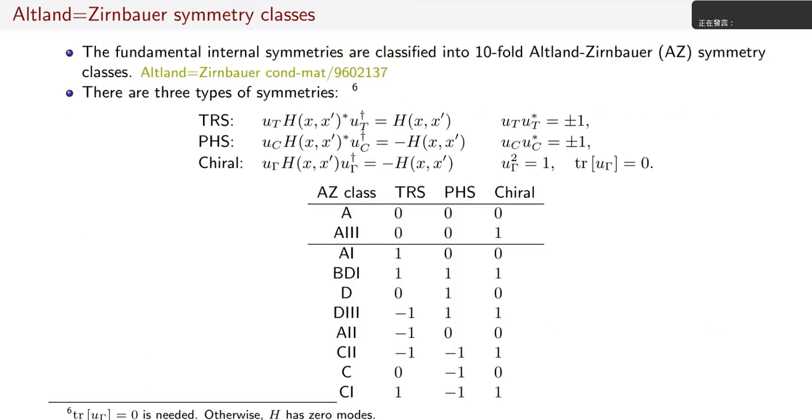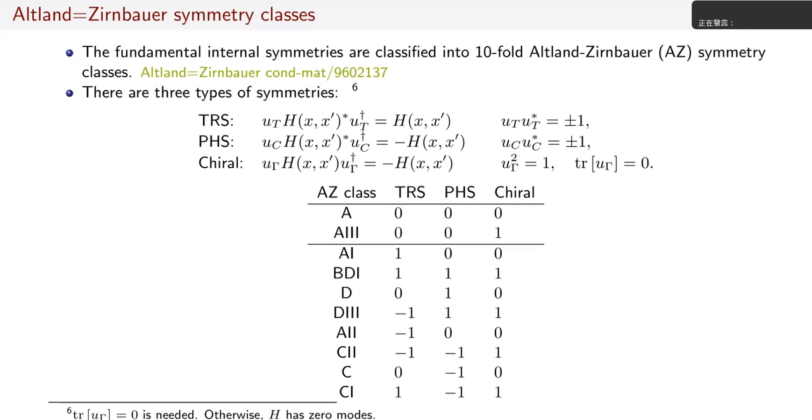And I already introduced the Altland-Zirnbauer symmetry classes. In the Hermitian test, we have 10 distinct fundamental internal symmetry classes for each block of reduced representation.